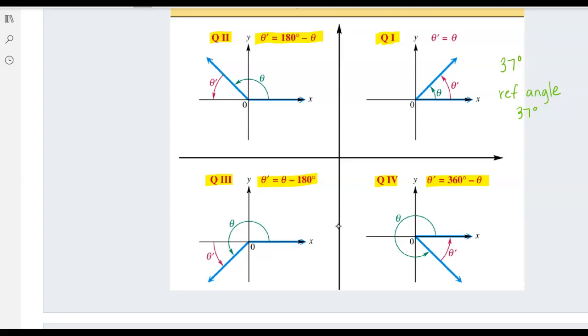In the second quadrant, suppose that the angle is 115 degrees. Then our reference angle is going to be 180 minus 115, or 65 degrees.